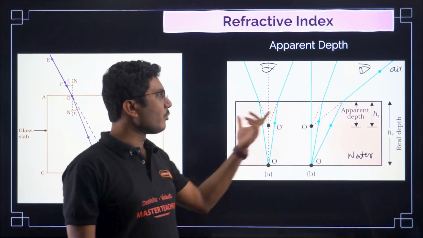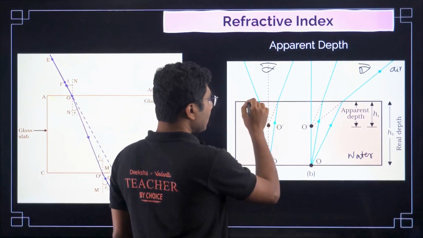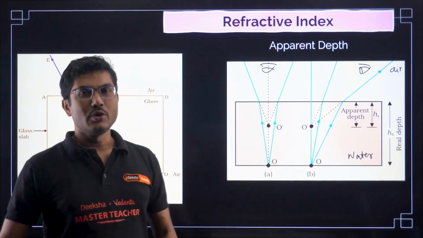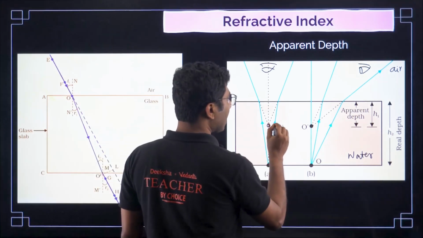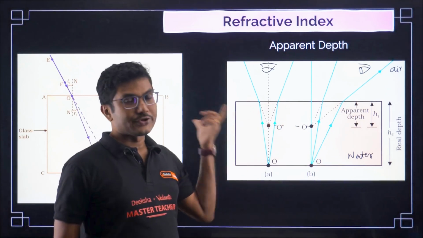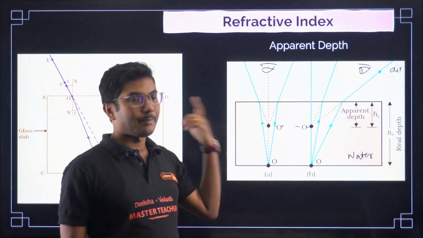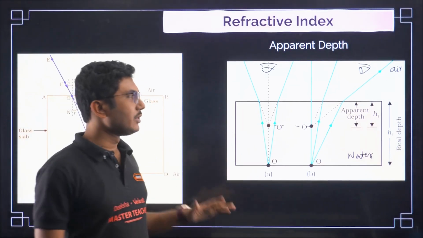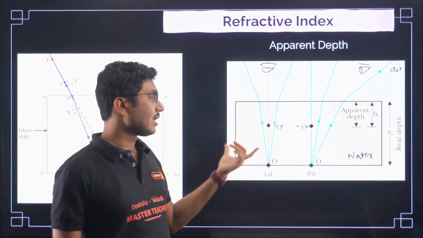Now no matter from where you are looking, the depth of the fluid will not be the actual depth that you are expecting. You will observe a depth which is much smaller than the original depth. This is called apparent depth. This can be calculated using geometry. We will do that in a later part where we solve some numericals, but right now we are not doing that.